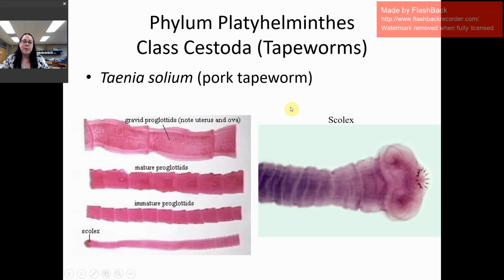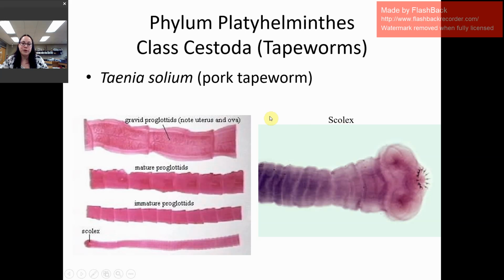Okay, next one. We move on to the next class of Platyhelminthes. The next class is called Cestoda, and the common name for this class is tapeworm. And so tapeworms, I'm sure you heard about those. They are a very common parasite that we find in our pets.